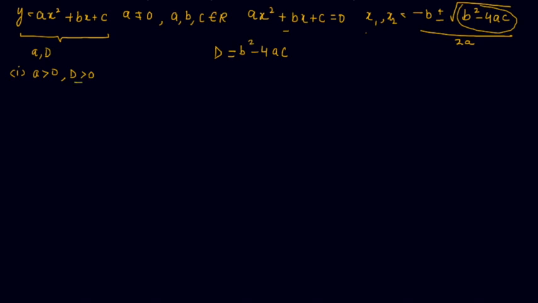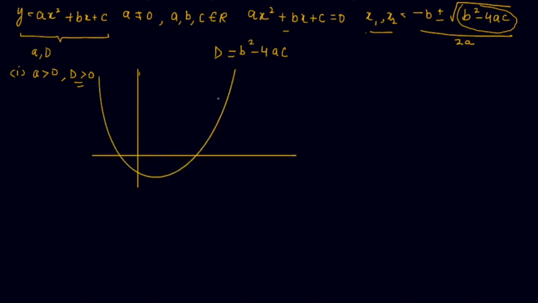When d is greater than 0, we will have two distinct real roots for this quadratic equation, and the graph will look like this, and this graph will cut the x-axis at 2 points, which are the roots.